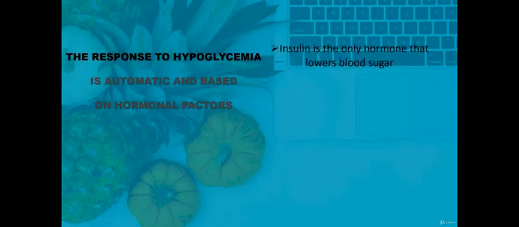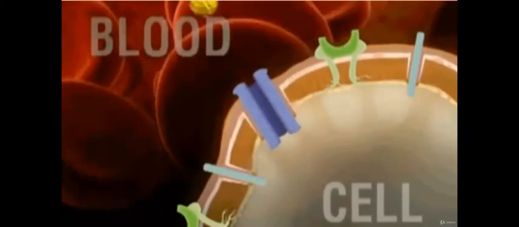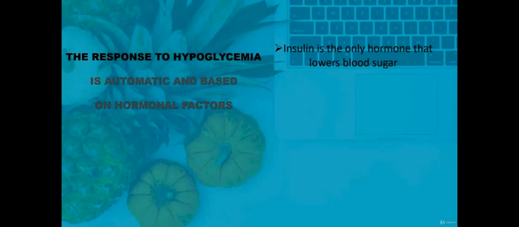The response to hypoglycemia is automatic and is based on hormonal factors. They are responsible for maintaining normal blood sugar. Insulin is the only hormone that lowers blood sugar by allowing glucose to enter tissues, by inhibiting hepatic glucose production, and by stimulating glycogenesis.